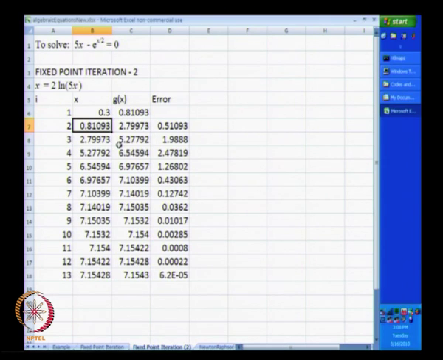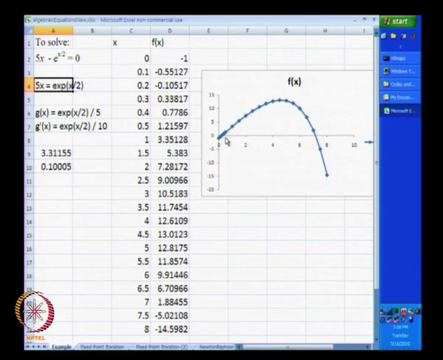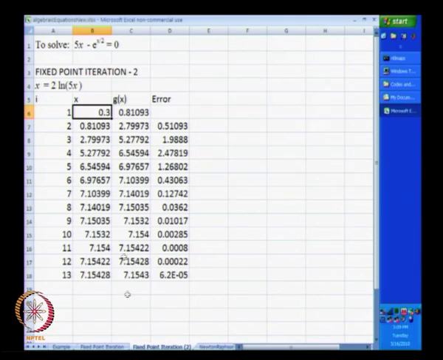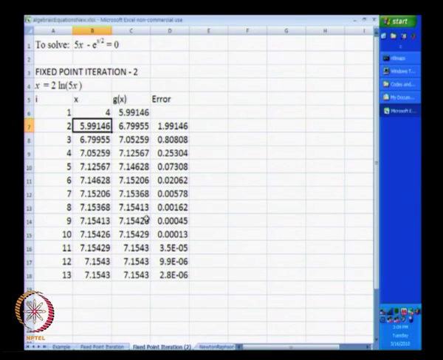If we use the value of 0.3, this value of 0.3 is fairly close to this particular solution, but when we start with the value of 0.3 with the second expression for this fixed point iteration, that particular method converges to this particular solution and not to this solution. Okay. And that is what happens if we take the value equal to 4, again we are converging.